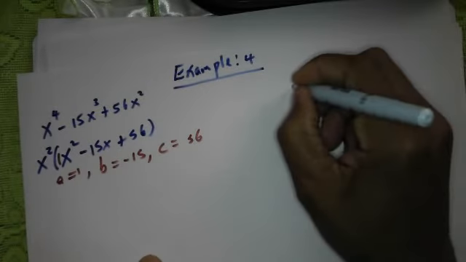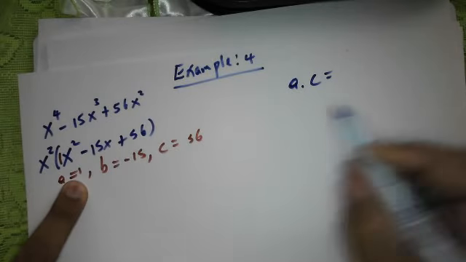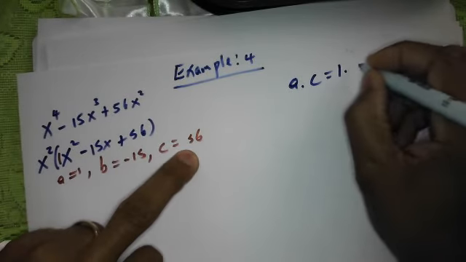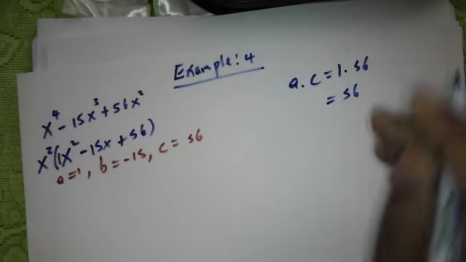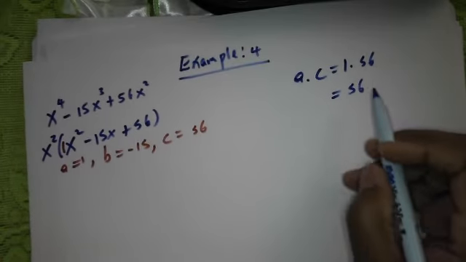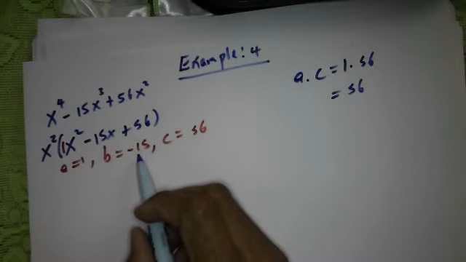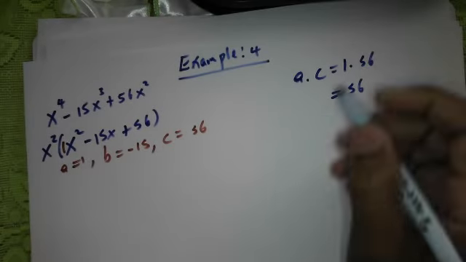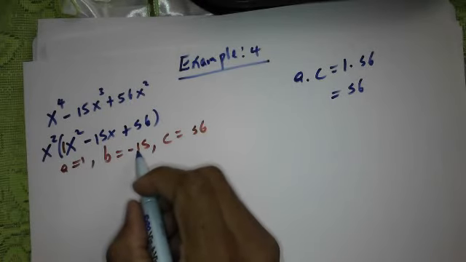Alright, so our AC, a times c, which would be our a value, which is 1, times our c value, which is 56. So AC equals 56. Remember, as we discussed before, once our AC value is positive, but our b value is negative, it means that both factors are negative. And if I add these two, I will not get 15. Okay, I will not get negative 15.